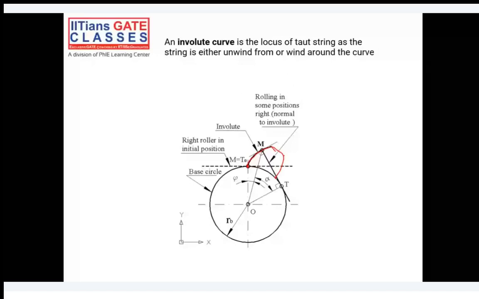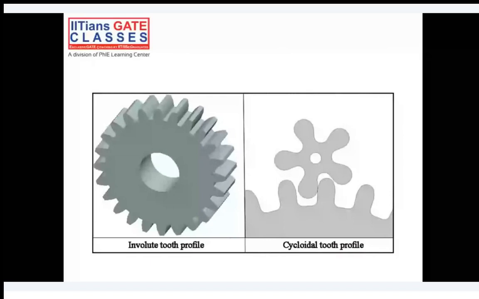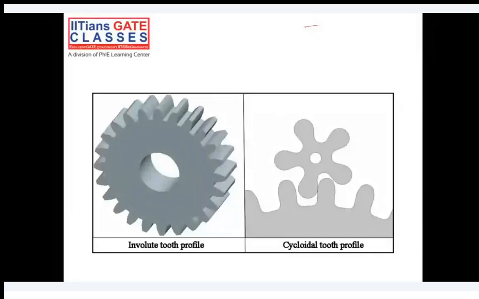So yeah, in general you can see this is how it looks. On the right hand side you can clearly see the cycloidal tooth profile looks something like this. Okay, at the base you can see the base is spreading a little bit, whereas in this case the profile looks something like this, so the edges at the base are coming together.